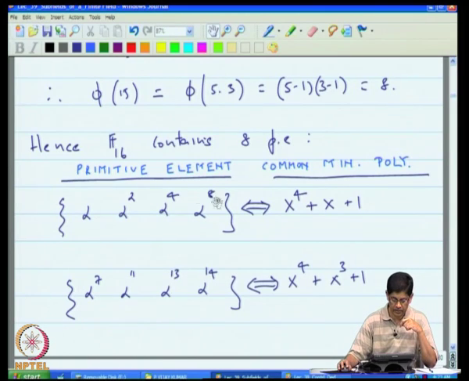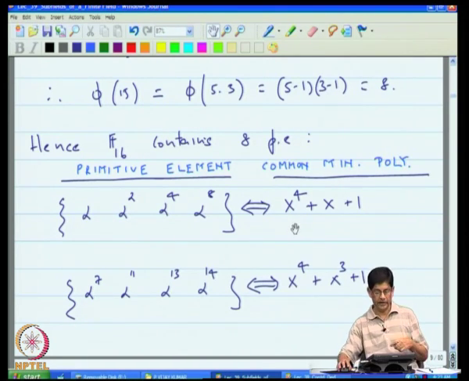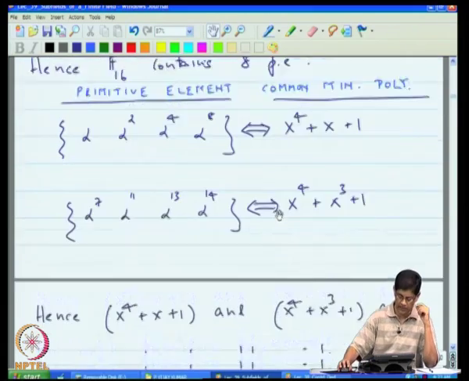So, these are primitive elements and there are 8 of them, and I have grouped them together in this particular fashion for a reason. The reason is that these 4 primitive elements share this minimal polynomial in common. These 4 primitive elements share this minimal polynomial in common. So, that is the reason for grouping them together like this.